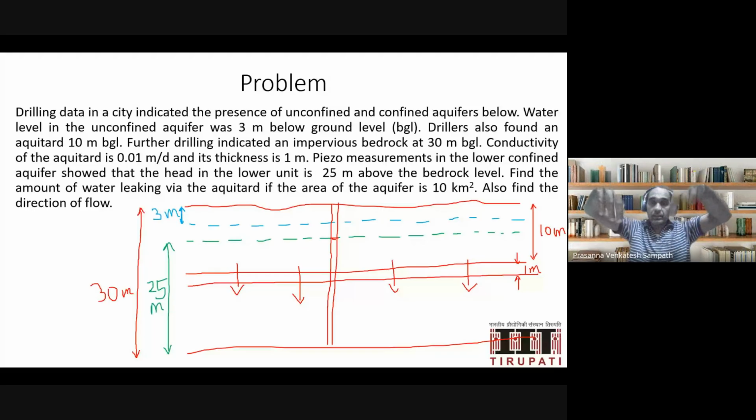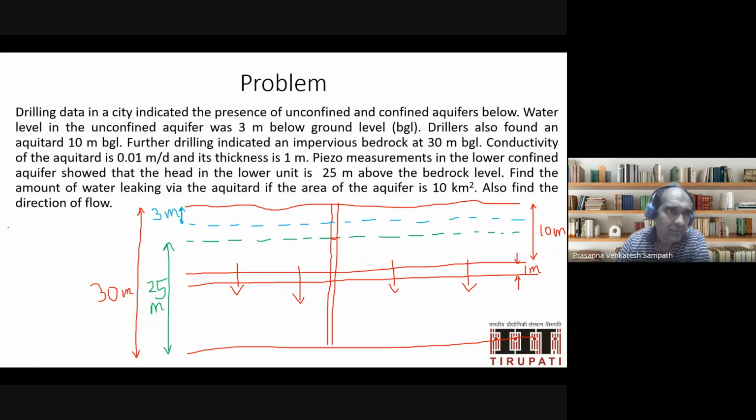in this direction, from top to bottom, right? So the area is always perpendicular to the direction of flow. The direction of flow is downward, so the area has to be in a plane perpendicular to this direction of flow. Whether it is upwards or downwards, the area is the plan area, not the cross section area. Okay, so Q equal to KIA, very correctly said, minus KIA to be precise.